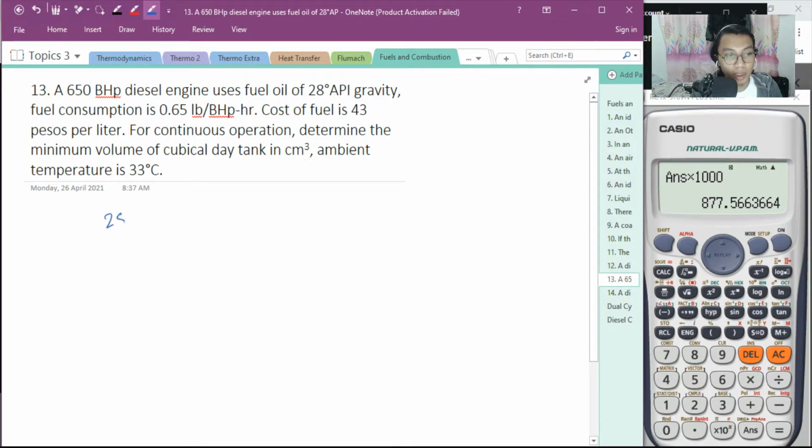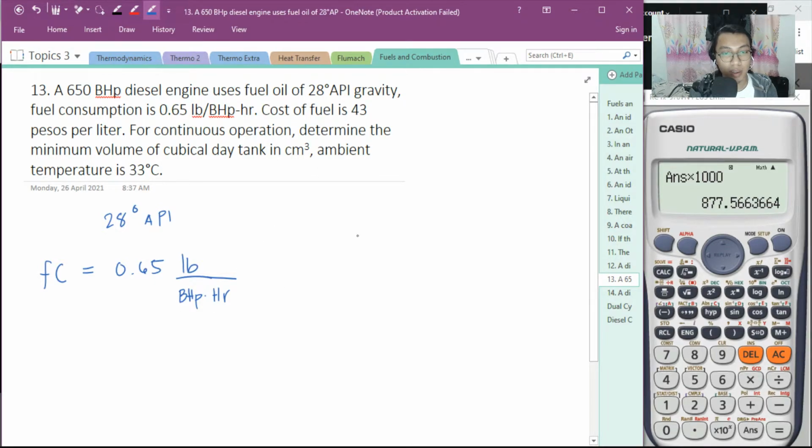So, given yung 28 degree API gravity, okay? And then the fuel consumption is equal to 0.65 pound per BHP hour. So, pwede mo makuha yung mass of the fuel here.